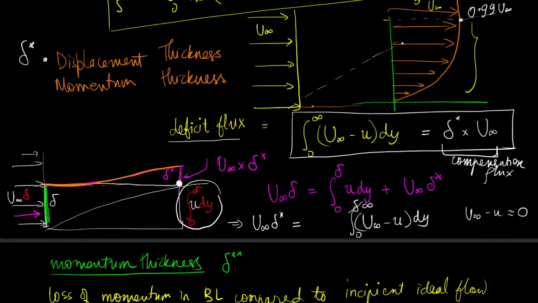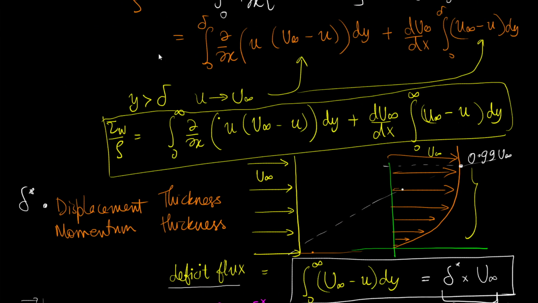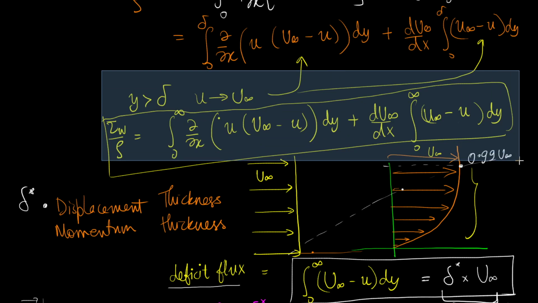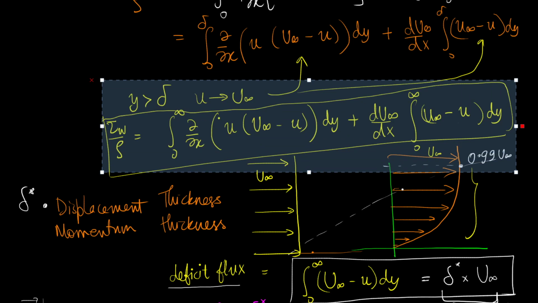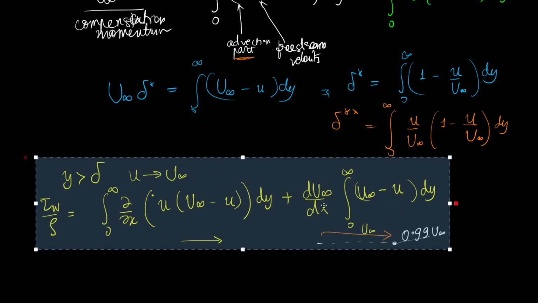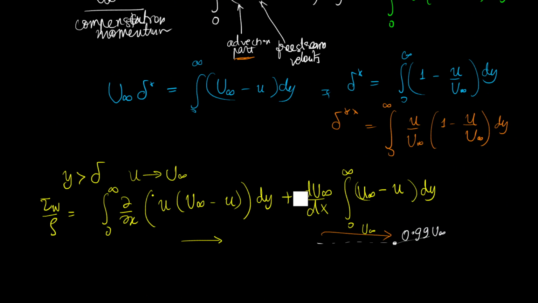So let me pull this equation once again. So the thing about this is you don't have to rely on that 0.99 u and all that to get an estimate.